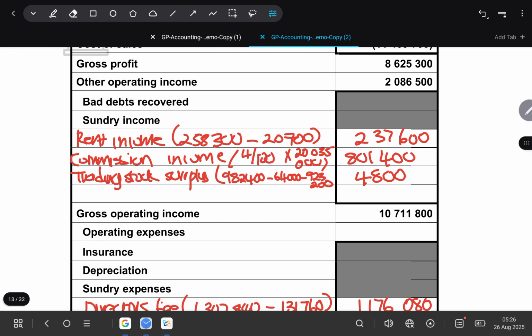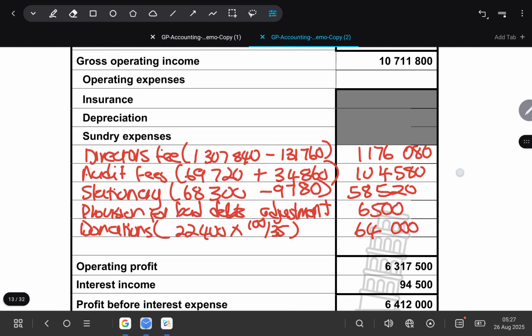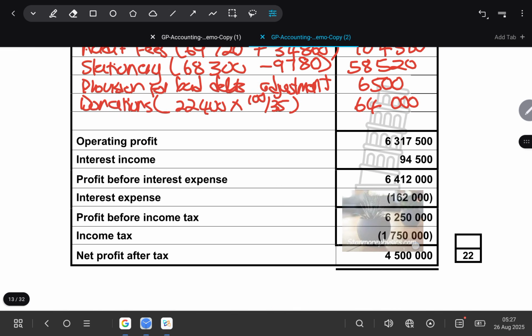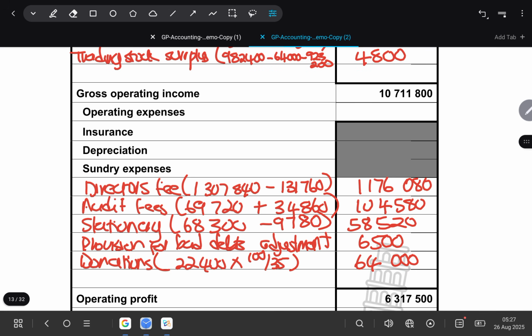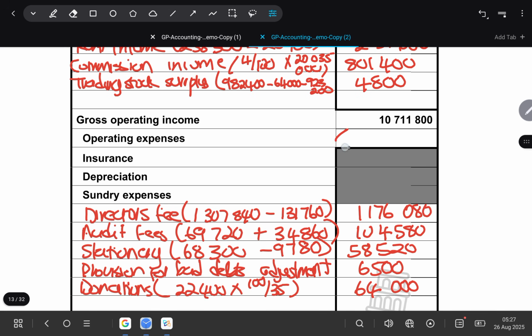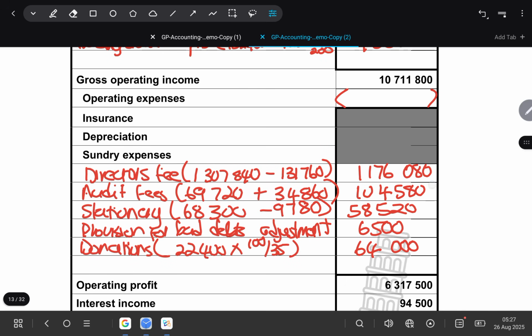Let me check. 258,300, I subtract 20,700, it gives us 237,600. And then from there, with our income statement, we just need to get our operating expenses because they did not bold that. So we have to check it.